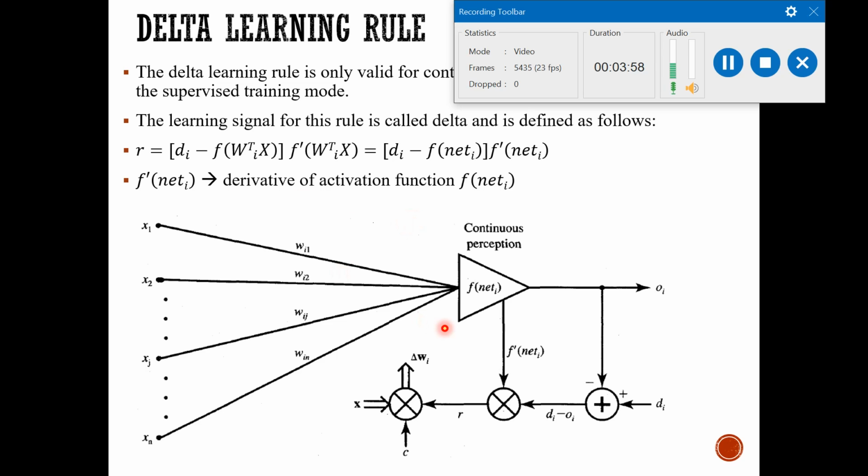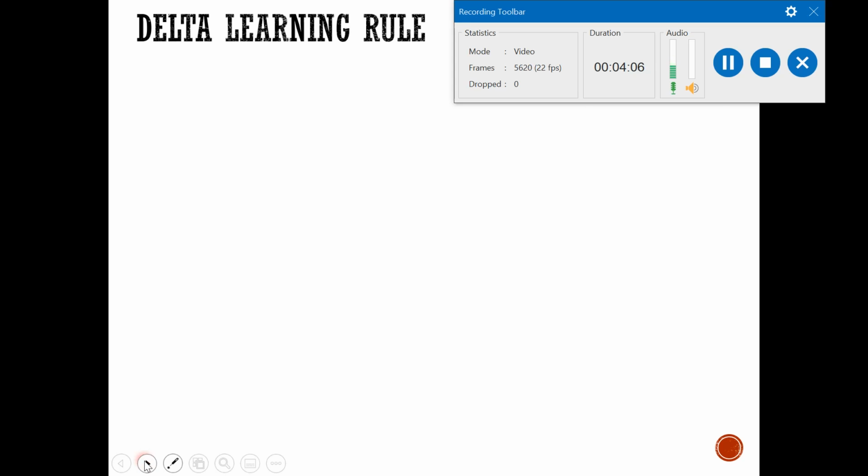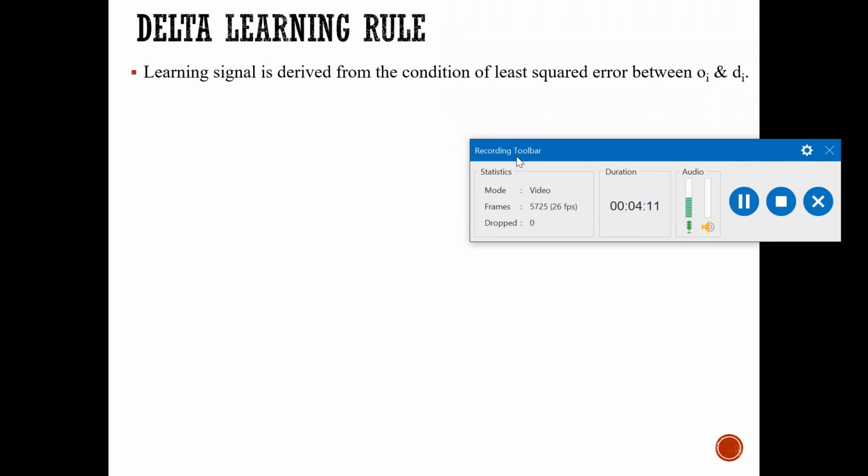Now, why is this learning rule called the delta learning rule? We go next to see from where we get this rule. The learning rule is derived from the condition of least square error between oi and di. So what is error? The error signal is oi minus di, right?